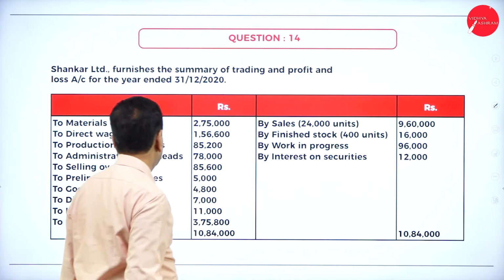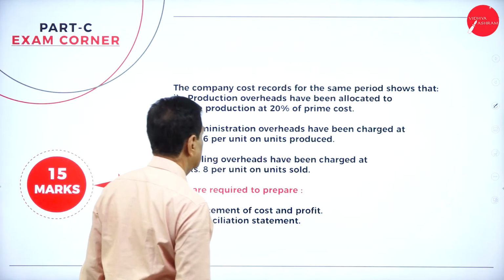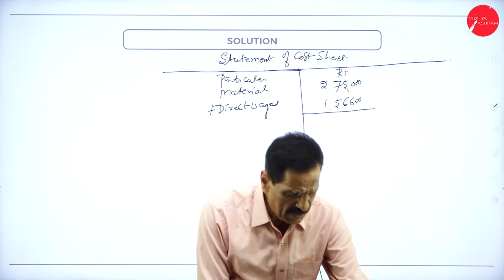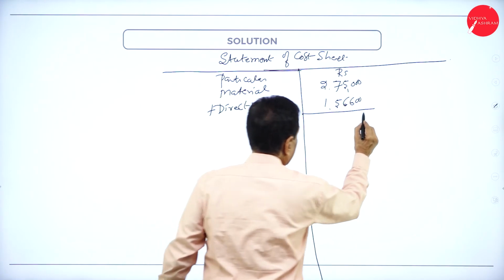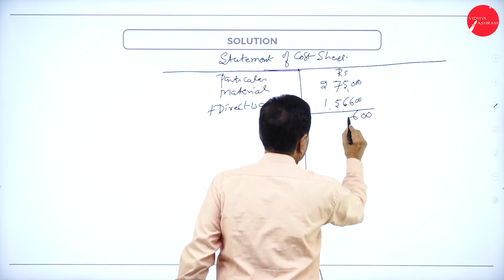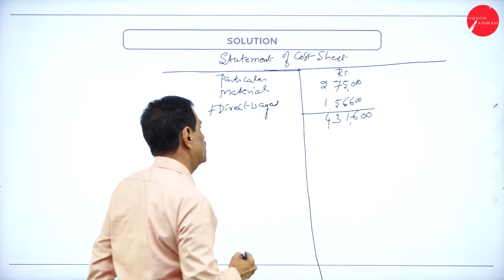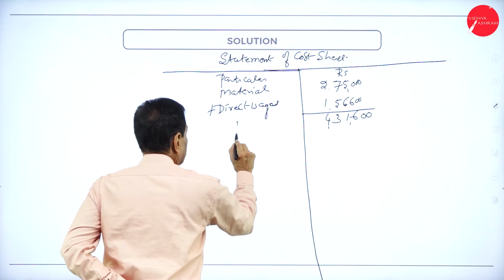Any direct expenses there? No. Add the figure. This is 4,31,600. This is your prime cost.